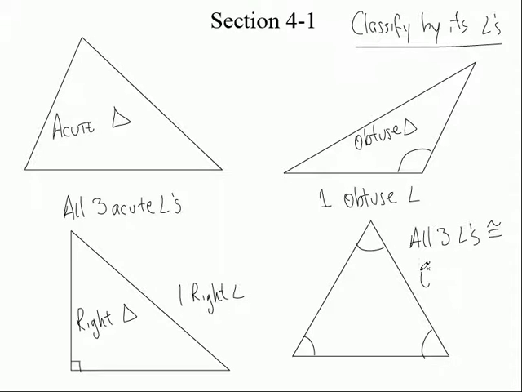So we call this an what? Equiangular. Lateral means sides, and I'm classifying these by their angles, not their sides. So this is an equiangular triangle. It means all three angles are equal to each other.